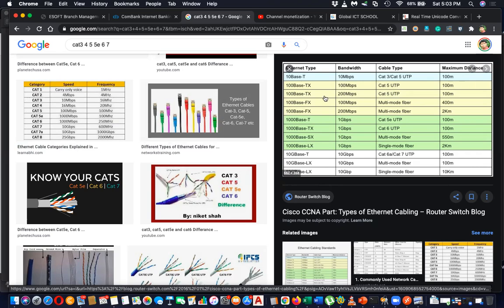Then for 100 base TX there's another version, that is 200 Mbps, again Cat5 UTP, right? Then 100 base FX, where F means fiber, right? Here you can see a 100 megabit per second fiber connection. It can go up to 400 meters. And a 200 Mbps fiber connection again.